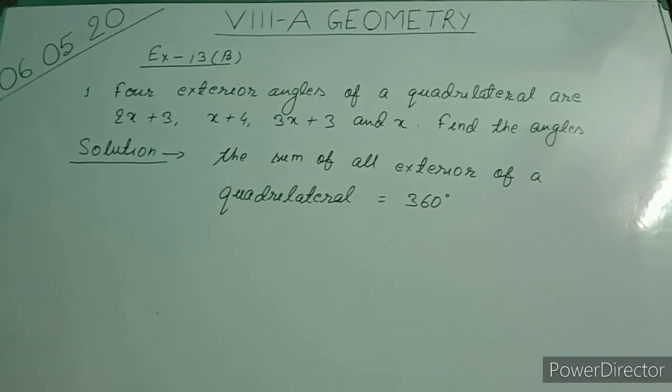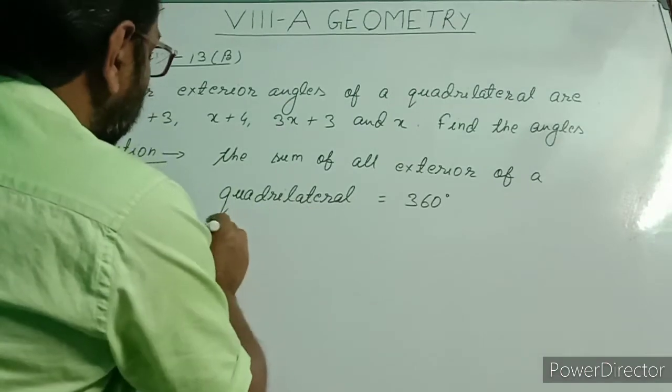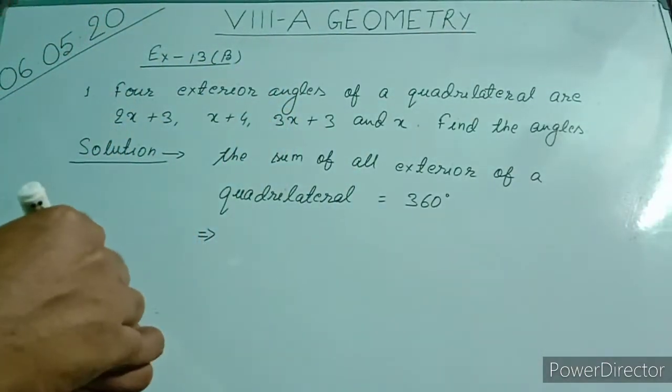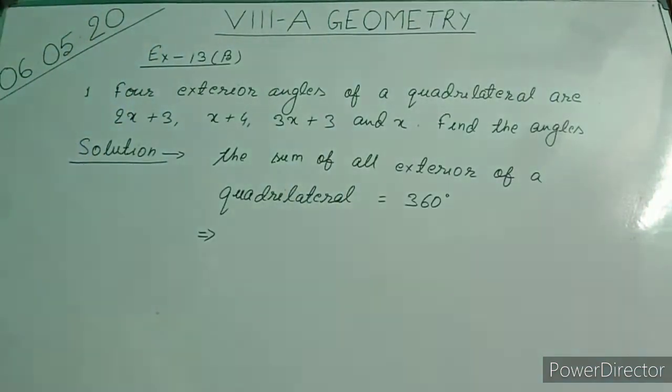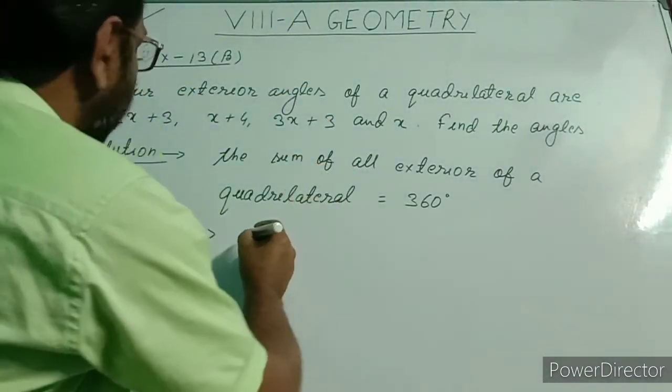In a convex polygon of n sides, the sum of all exterior angles equal to 360 degree. Okay, so here the polygon is a quadrilateral. So I wrote this statement, the sum of all exterior angles of a quadrilateral equal to 360 degree.